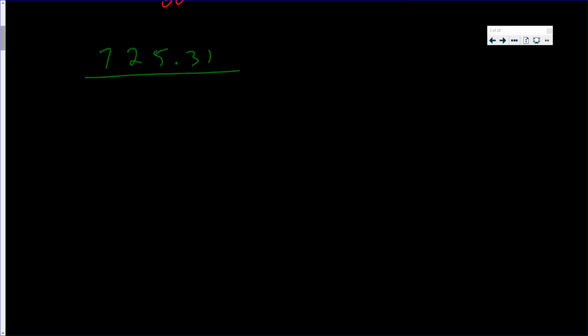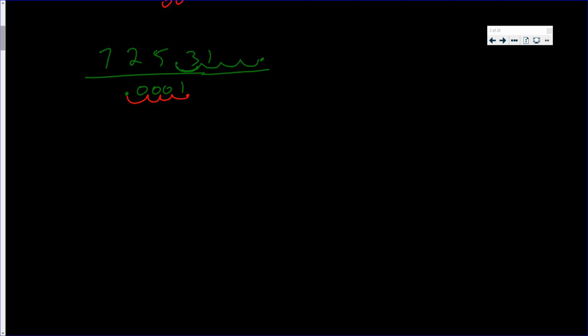For example, if you have 725.31 and you divide this by 0.0001, well, if I move this decimal 1, 2, 3, 4 places to the right, I am now dividing by 1. But then I have to move the top decimal to the right 4 places. 1, 2, 3, 4.